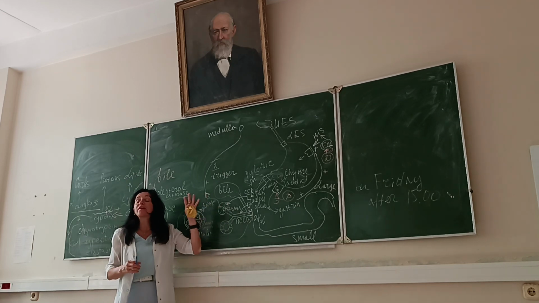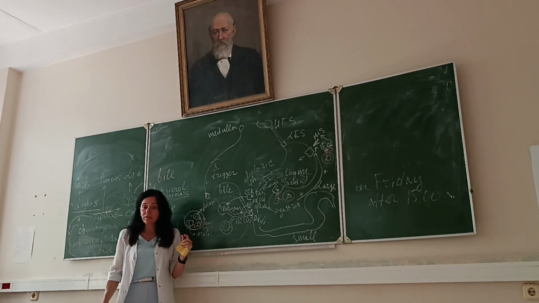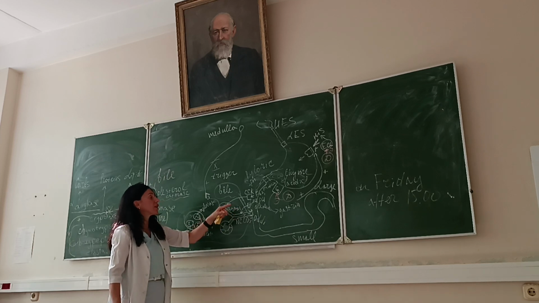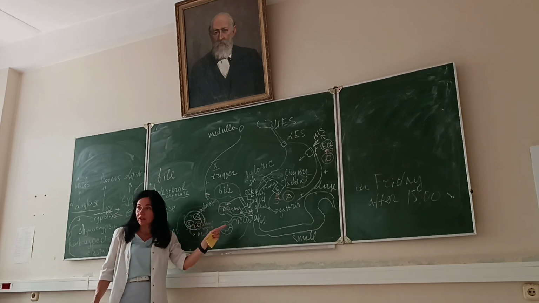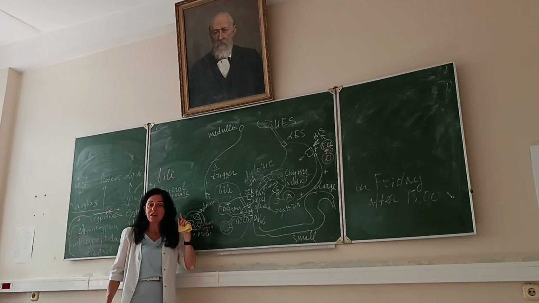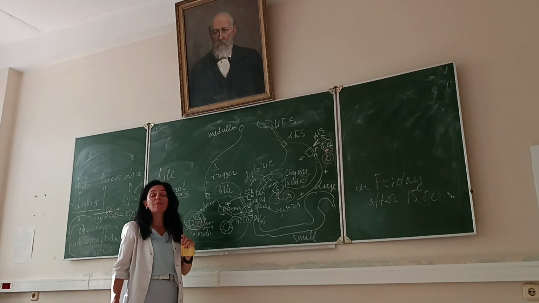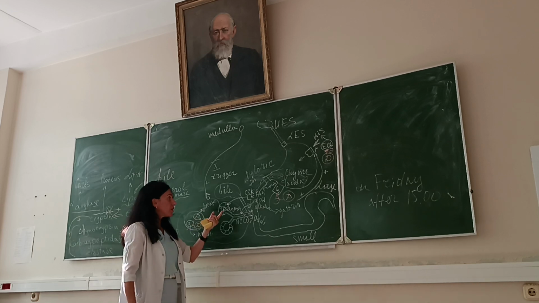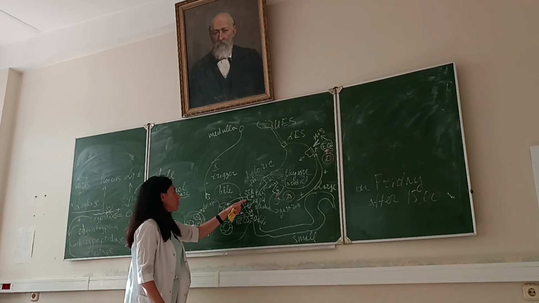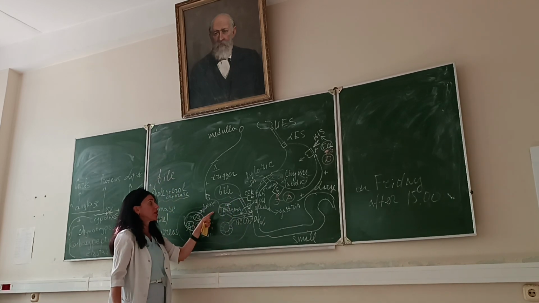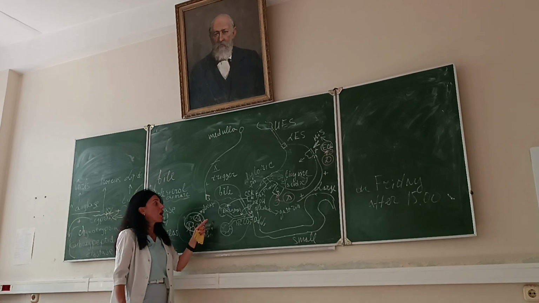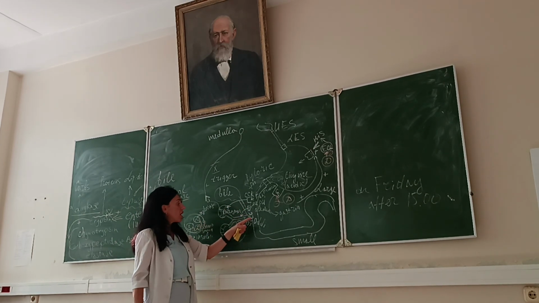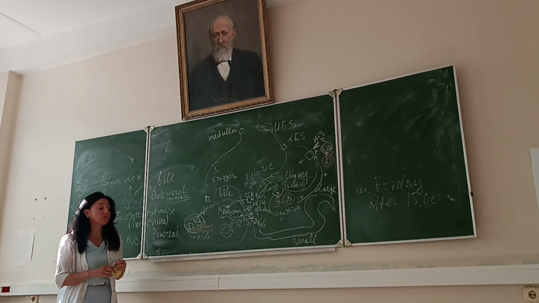Actually, cholecystokinin and secretin can affect everything here, but we talk about the prevailing, main effect. Cholecystokinin acts mostly on acinar cells, and secretin on duct cells.